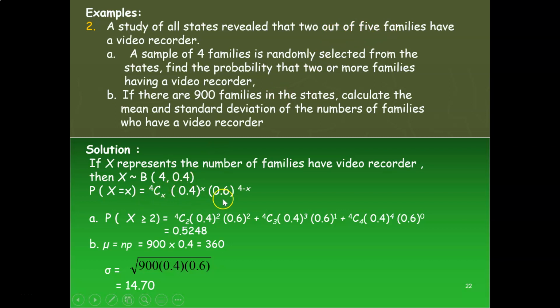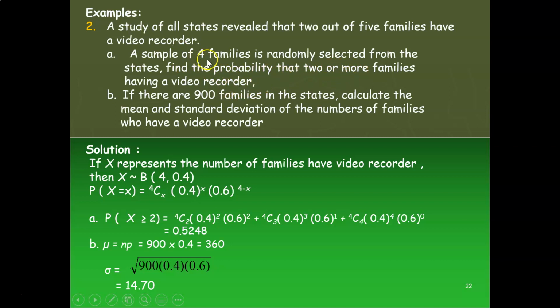So you will have this general equation, which is nCr p to the power of r, q to the power of n minus r. So for A, we refer back to question A: a sample of 4 families is randomly selected from the stat. Find the probability that 2 or more families have a video recorder.